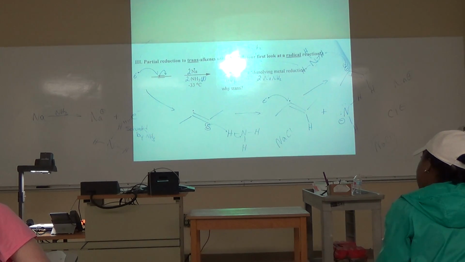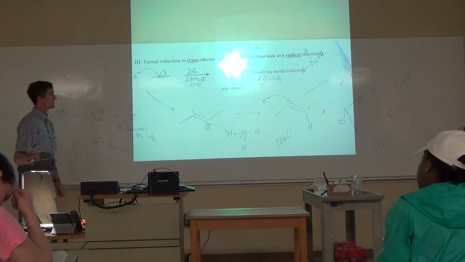It's the metal dissolved. Later we may use metals like iron or zinc or tin for nitro group reduction. We call that a dissolving metal reduction because the iron dissolves. Very general term.